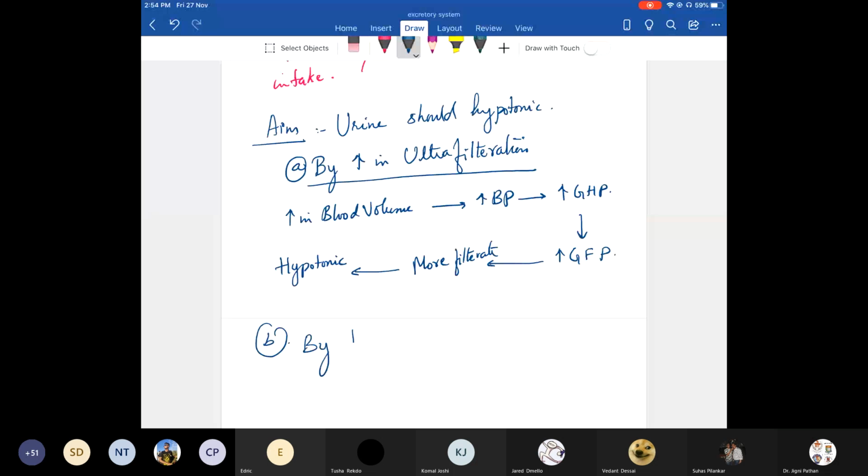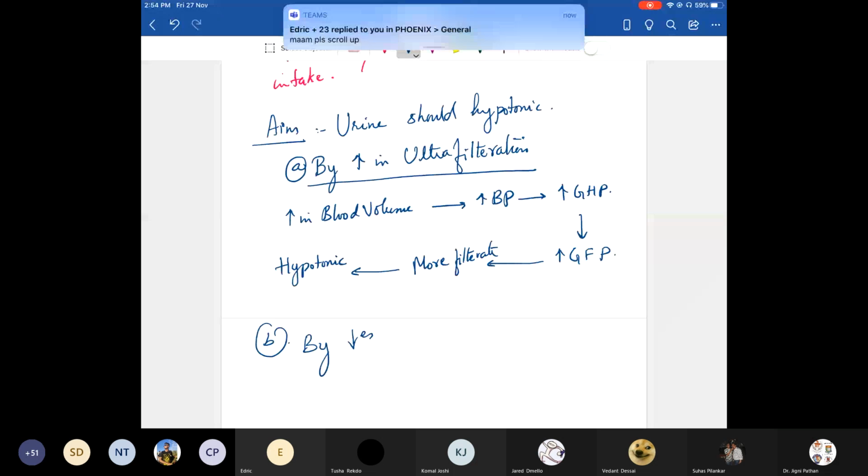By decreasing the water absorption. Please write down this first, everybody.